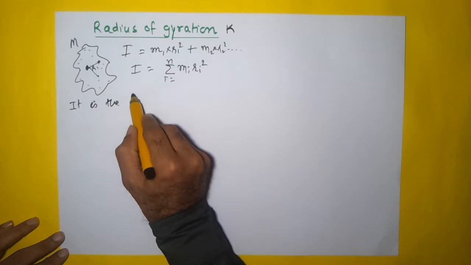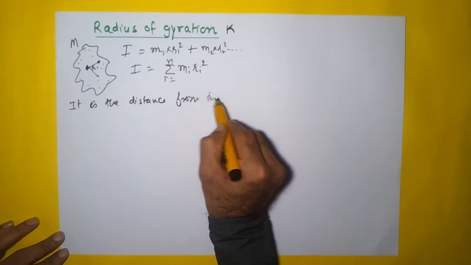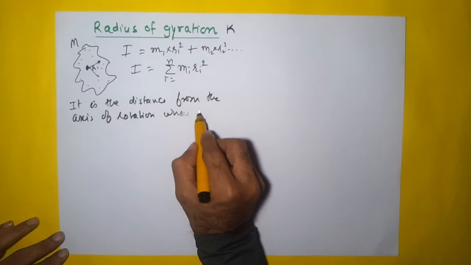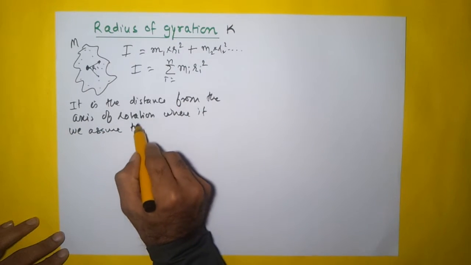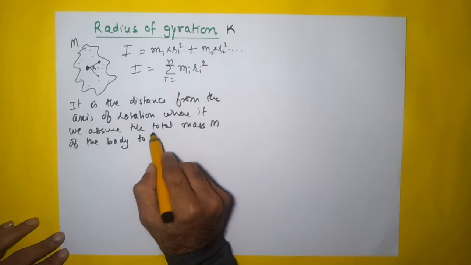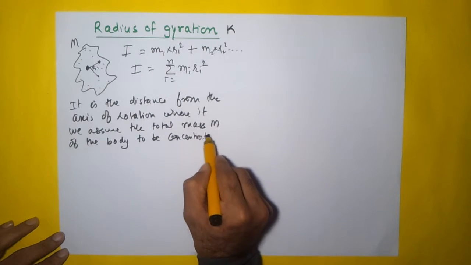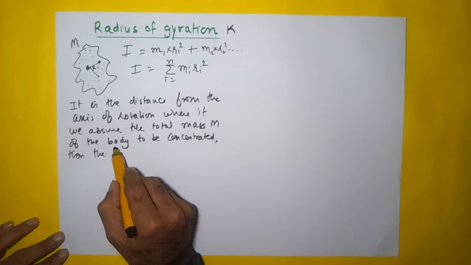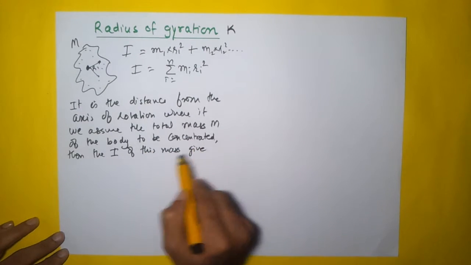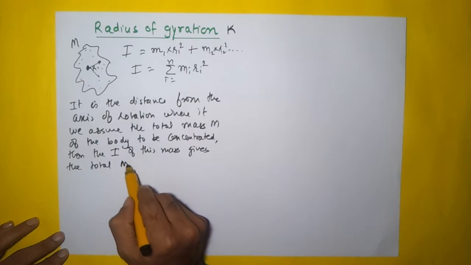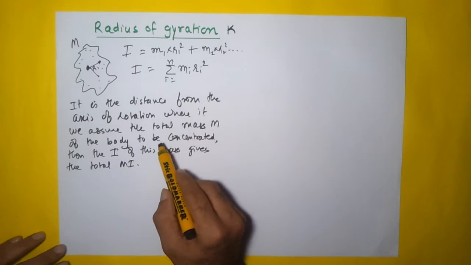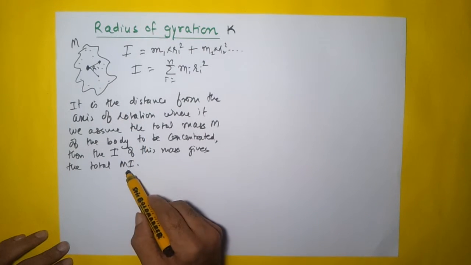It is the distance from the axis of rotation where, if we assume the total mass m of the body to be concentrated, then the moment of inertia of this mass gives the total moment of inertia of the body.